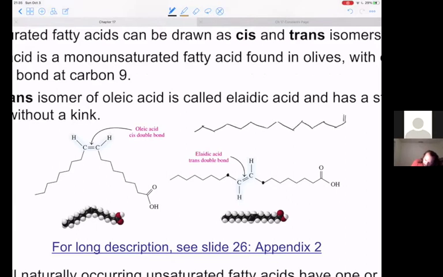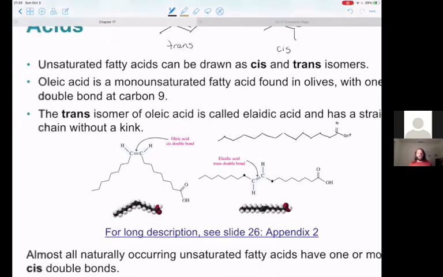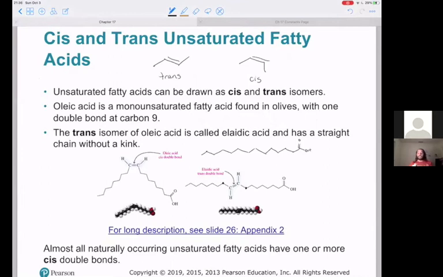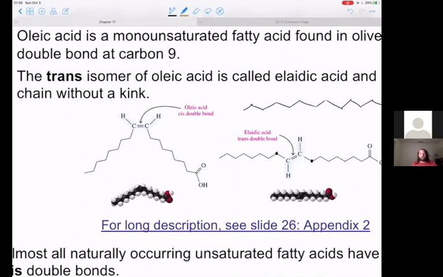If you have a cis double bond, there's a significant kink in your fatty acid that changes the overall shape of that fatty acid, right? So a trans fatty acid is mostly just a straight chain, whereas a cis fatty acid will have a big old kink in it that leads to a kind of V shape in your molecule.